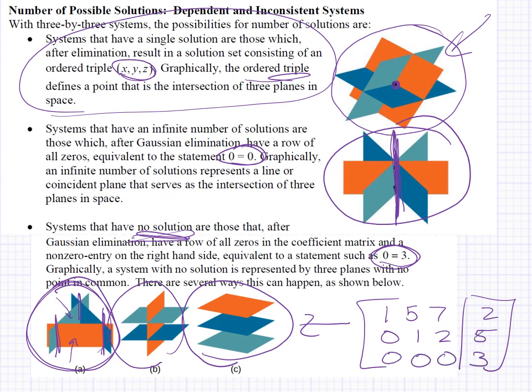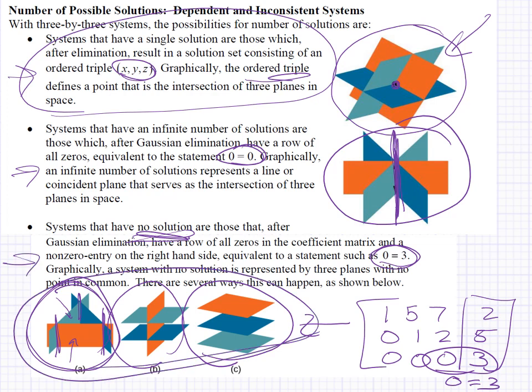In which case that would be 0 equals 3, telling you no solution. So again, you can break it into 3 categories: one solution, infinite solutions, no solution. But there are a number of ways the no solution can occur. And we're talking about planes, not lines anymore, so it does get a little more complex from a graphical perspective.